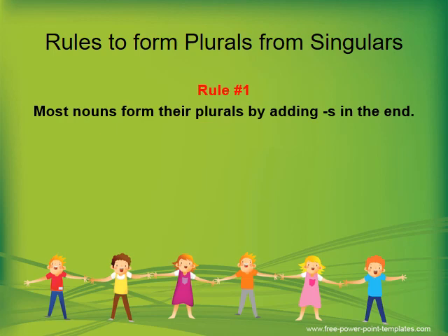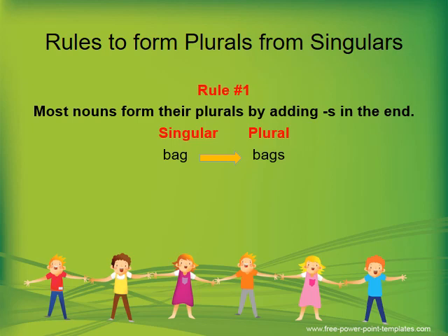Let us understand this rule with the help of examples. So, bag is a singular noun. When I form the plural of the singular noun bag, I will simply add s in the end and it will become bags.